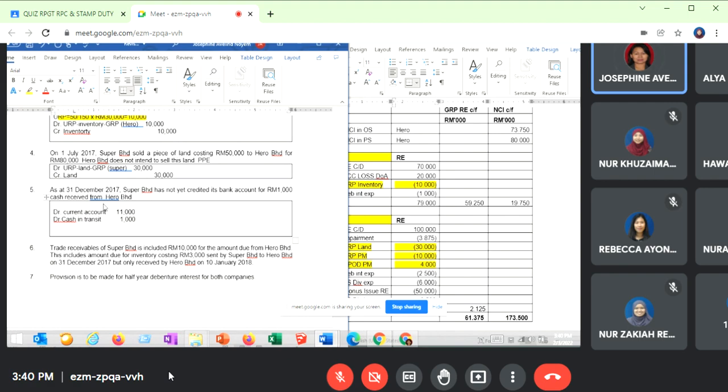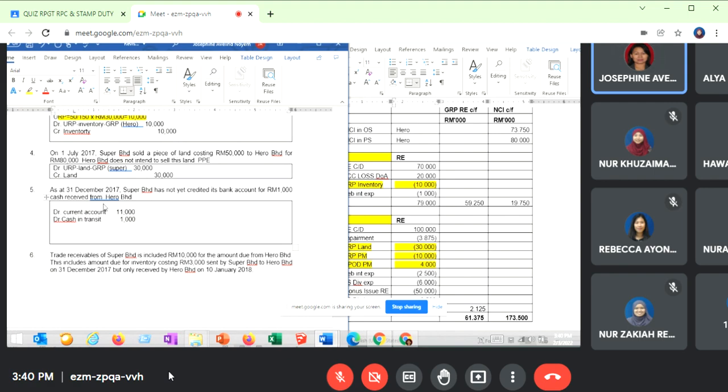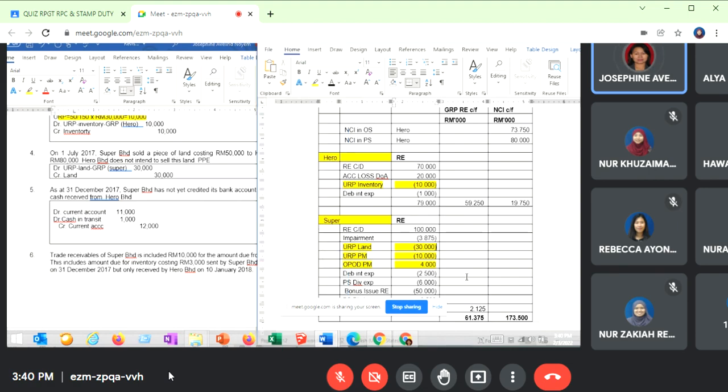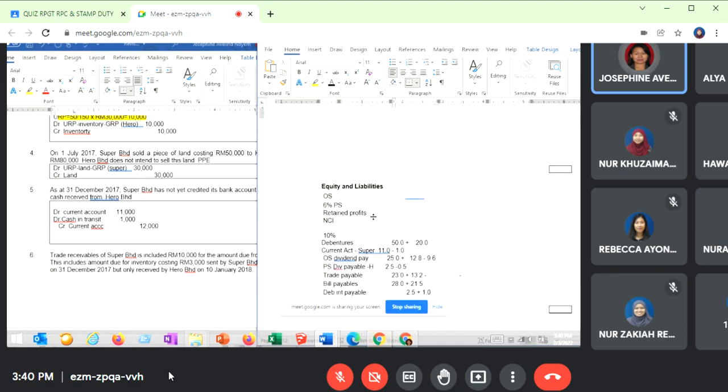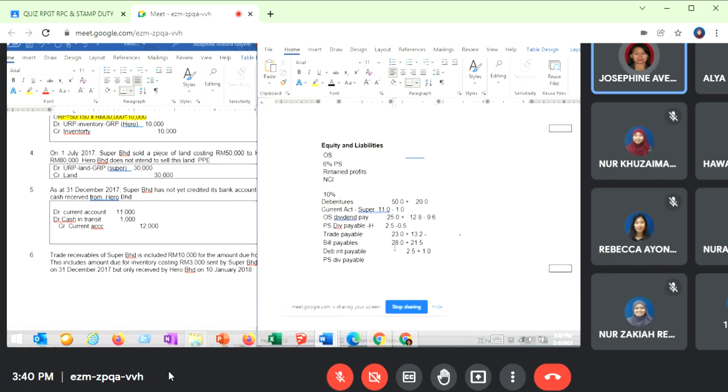And we're going to credit the other current account of 12,000. So these two current accounts are cancelled, and we just recognize this item in transit. So it has no effect to the retained profit. So the schedule is not affected. What is affected is one liability and one asset.